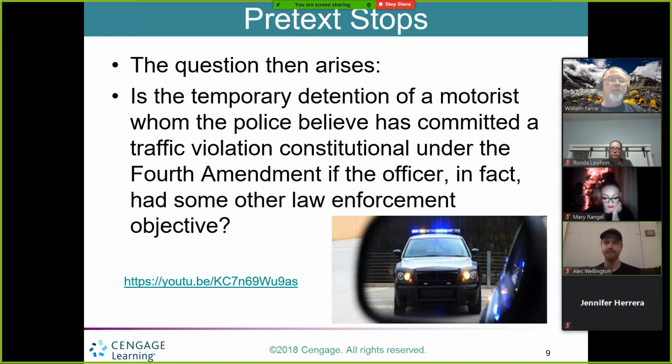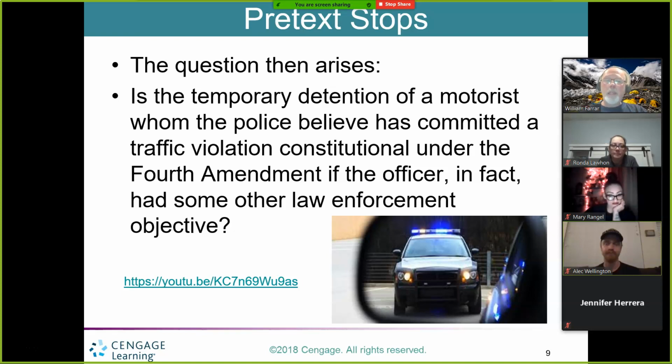If I follow him for about a mile and he fails to signal when he changes lanes, is that an actual violation of the California Vehicle Code? The answer would be yes. Could I stop him? Yeah, if you're shaking your head, yes, you're on target.